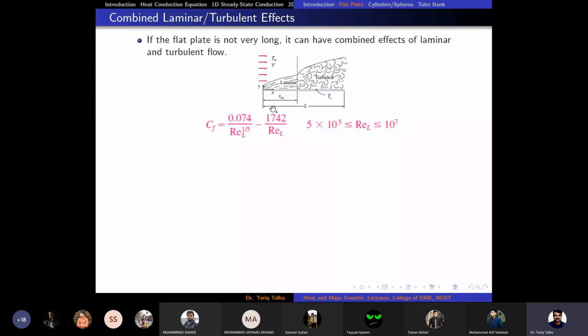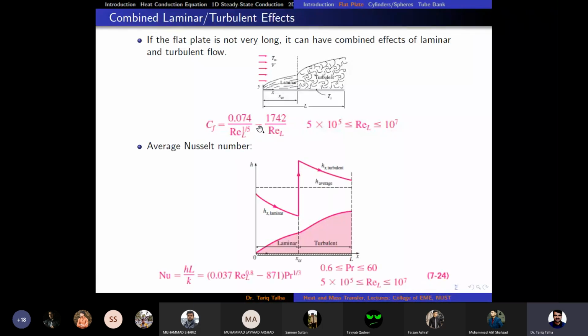If we consider the laminar portion as well, the combined value of skin friction should be less than the value calculated from the only turbulent assumption. So that was the first term. I hope this point is clear.